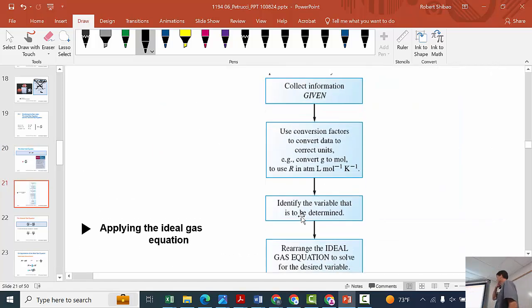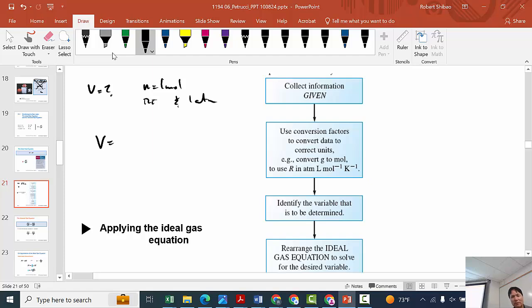So applying the ideal gas equation, we use it to calculate different things. So I can calculate the volume here for 1 mole of gas at room temperature and 1 atmosphere.